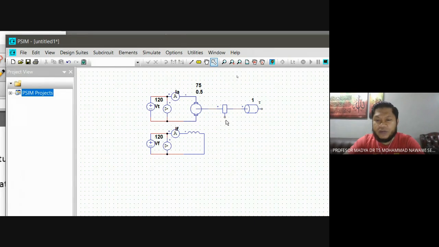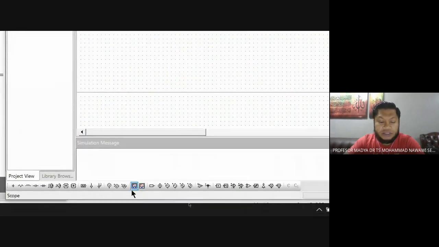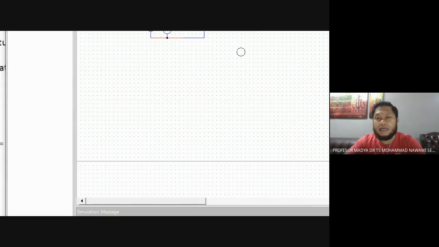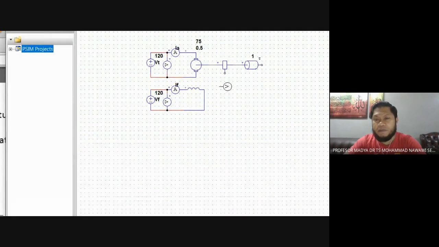And we also need to look at the speed of the motor. So still, we use this single node, node to ground. You can use this, which is between two nodes, where you have a positive and negative, but here it always measures the voltage from that point to the ground, any ground.